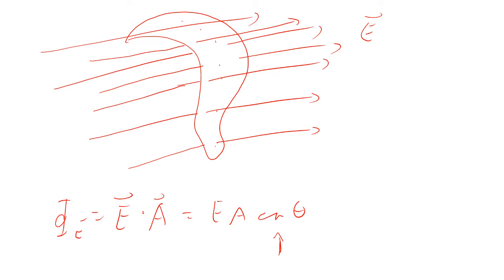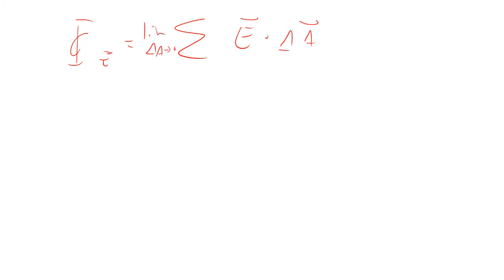It's also possible that the electric field might be stronger in one area than another area. So how do we deal with that? Well, what we do is we look at some little tiny bit of area, some little delta A right there. And so we say that the flux is going to be a sum over the E dot delta A's, and we're going to take a limit as the delta A's get really, really small.